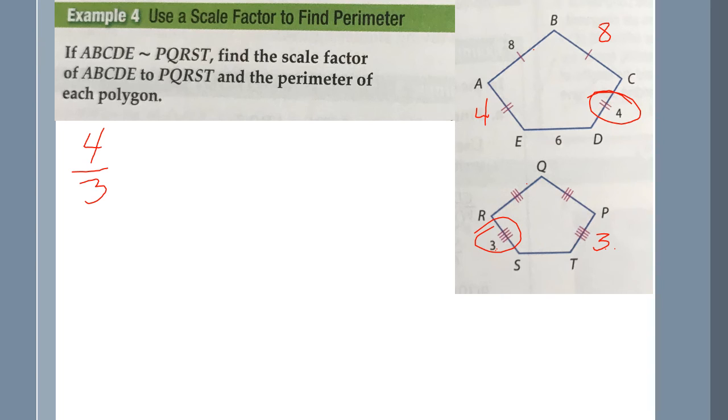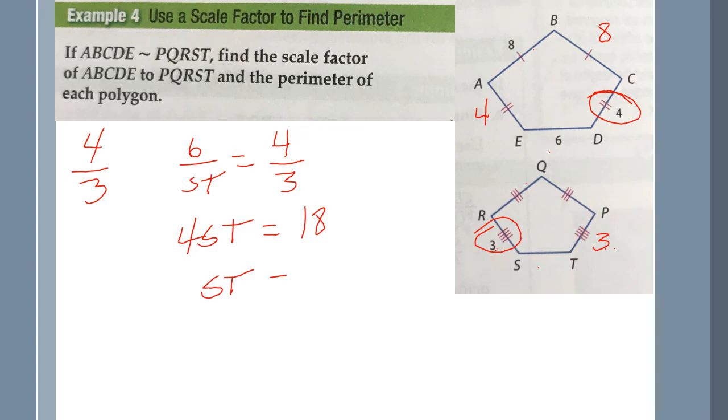So if this is 6 over ST, so ED, 6 over ST equals 4 over 3. So 4ST equals 18. Divide each side by 4, ST equals 18 over 4, which becomes 9 over 2, which is 4.5.